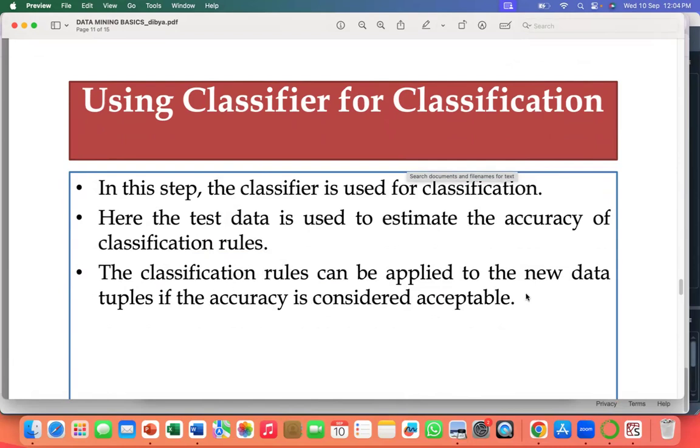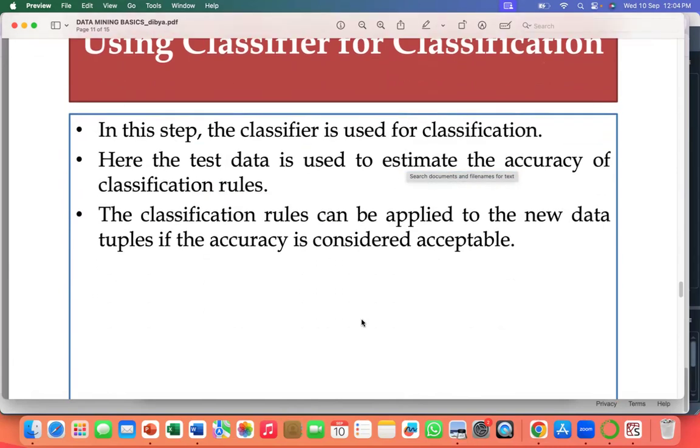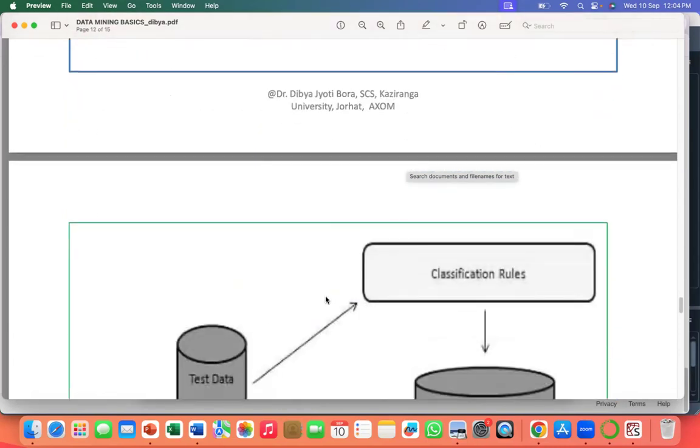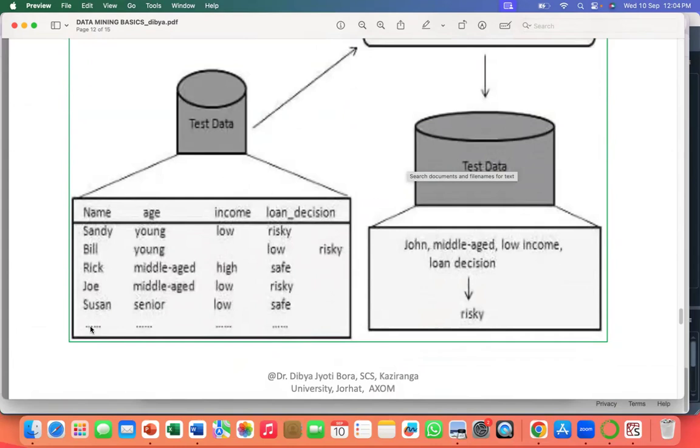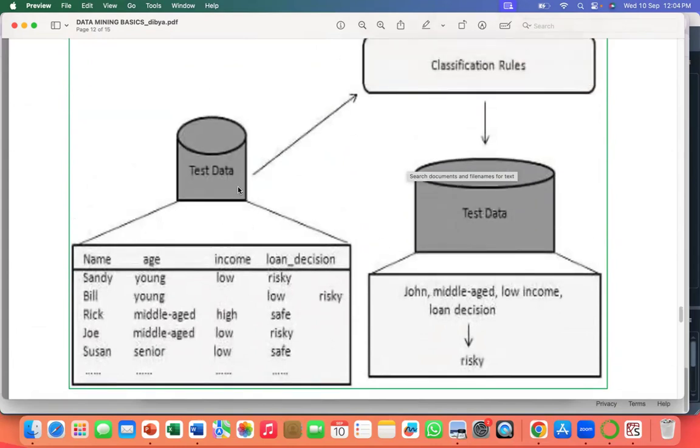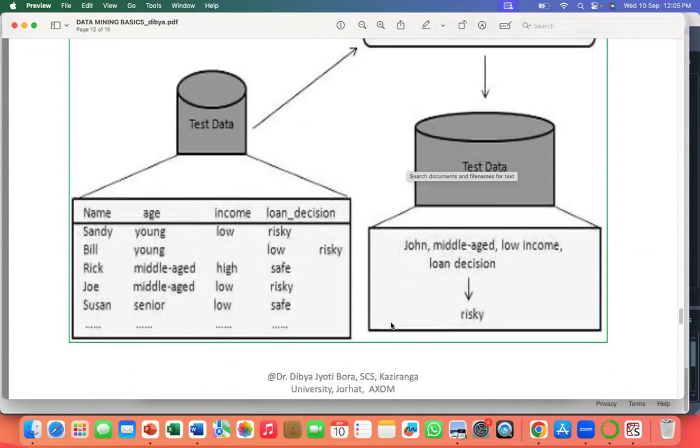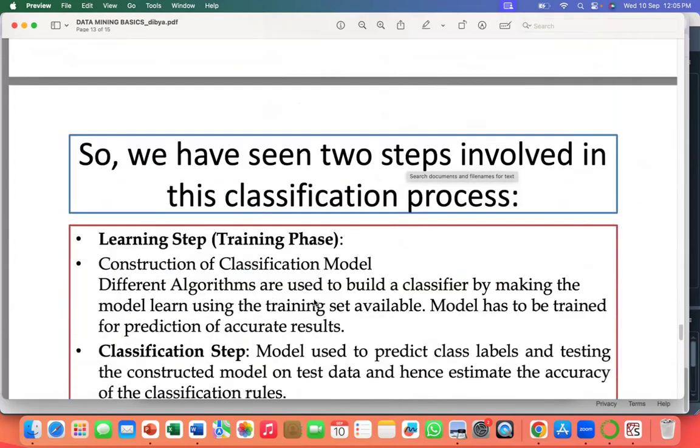The classification rules can be applied to new data, and if the accuracy is good, then we will consider them acceptable. So the classification rules are tested on the test data, and then we find out the accuracy.